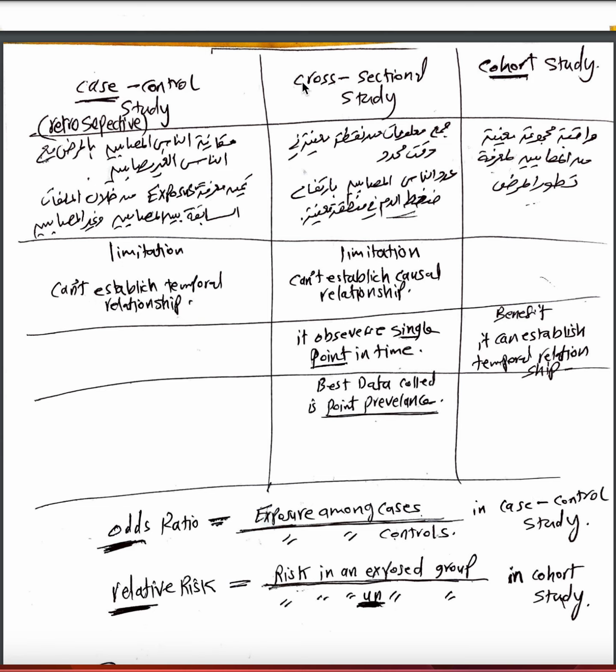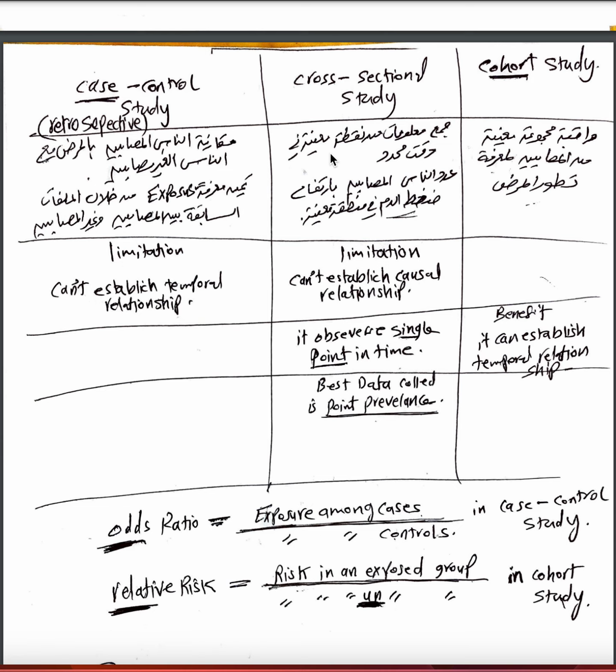And then we go to the cross-sectional study. It's collection of information from a group of people at a determined time.